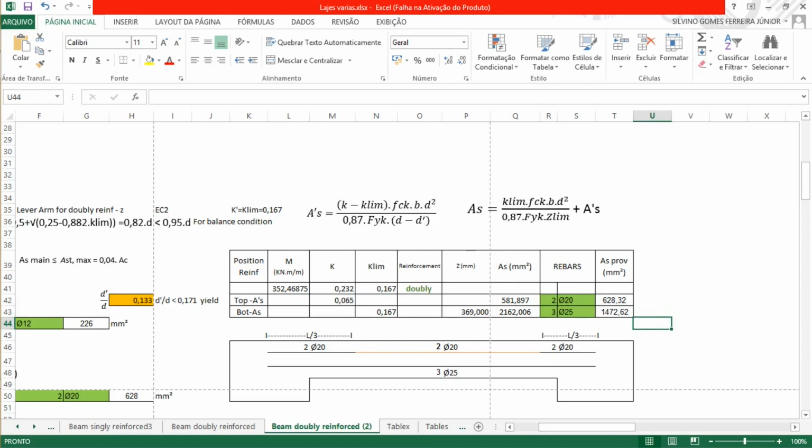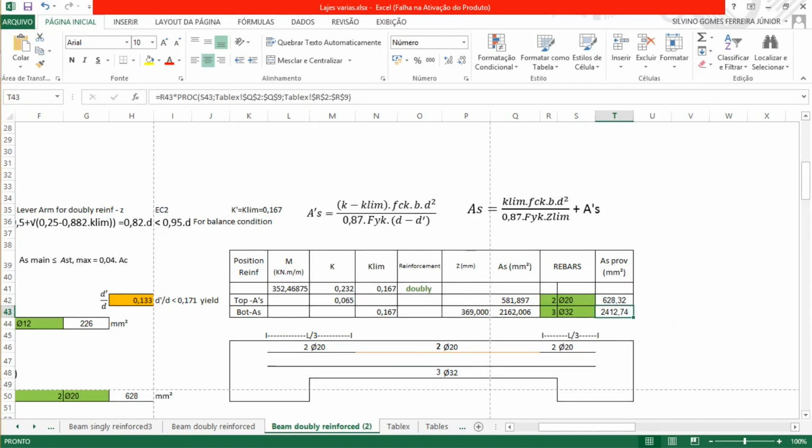So even if we increase to 1900, 2454, we could go for this diameter. So if in the market there is no diameter of 32, we could go to the diameter of 25. But let's go back to the 32 because we already calculated the effective depth with that. 32, 2412, just a little more than before, so it's okay, it's bigger than this.